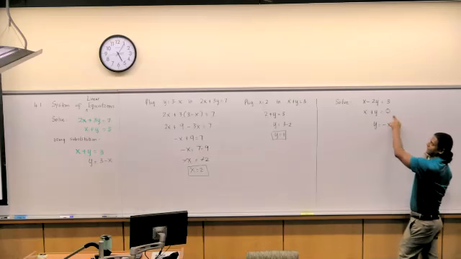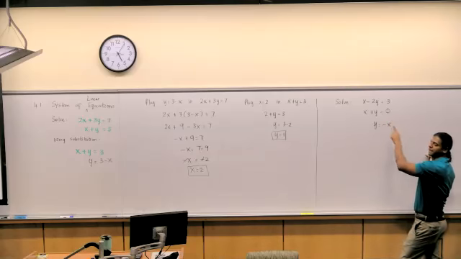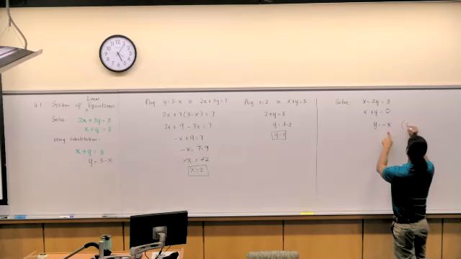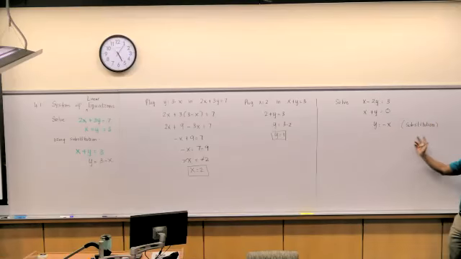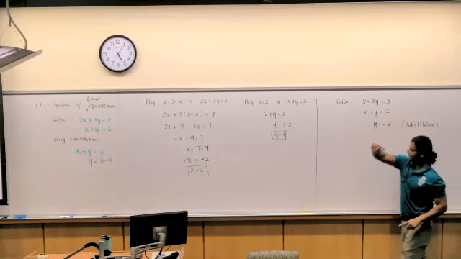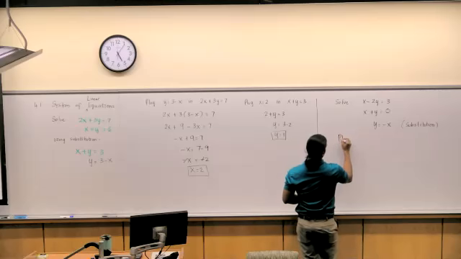If I move the x to the other side, the substitution becomes y is equal to negative x. I'm going to take this and plug it in the other equation.